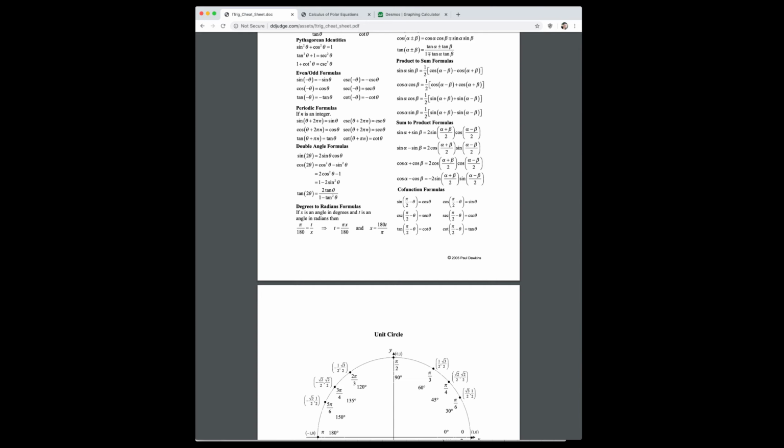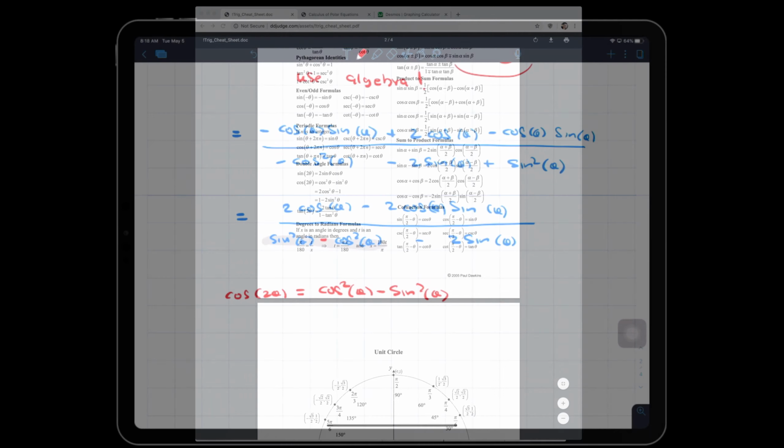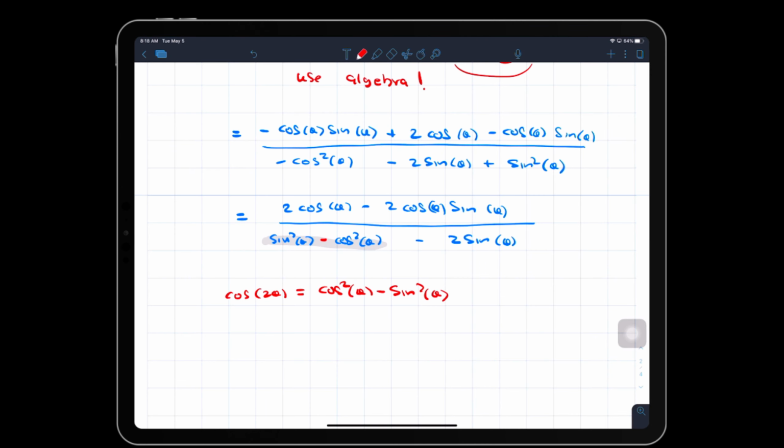So I'm going to write this down and give you that detail, that cosine 2 theta is cosine squared theta minus sine squared theta. Let's go back to the iPad. This is what I wrote down, which means, and don't think that this is a plus, it's not a plus, there's a minus.